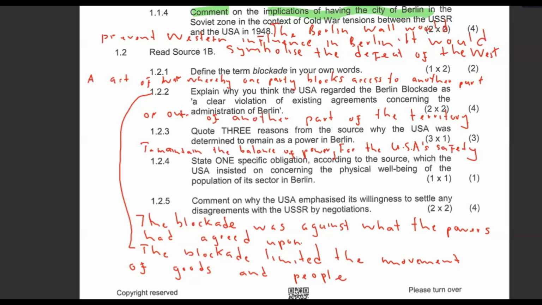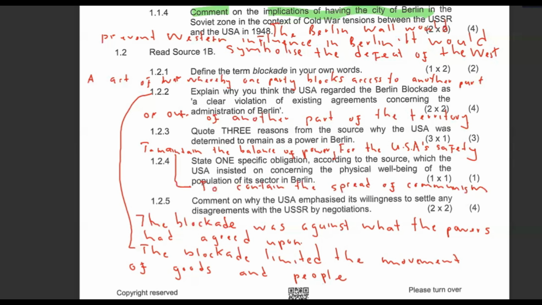In addition to that, you can add a third point, that they wanted to contain the spread of communism. That is another reason why they had to remain as a power in Berlin. Then let's go to the next question, 1.2.4.